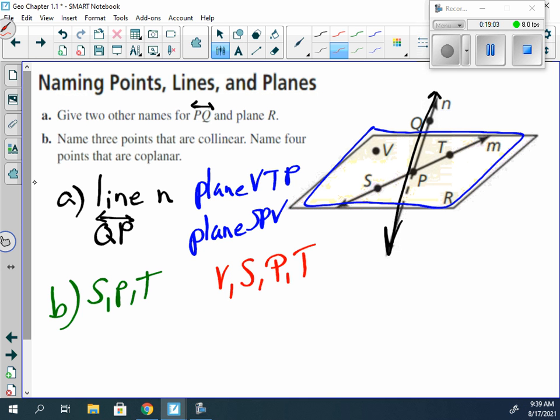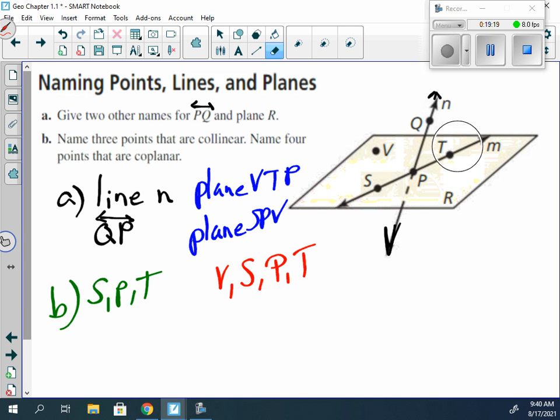The only reason we can't include Q is because Q is not on the plane. Any questions on this here? Okay.